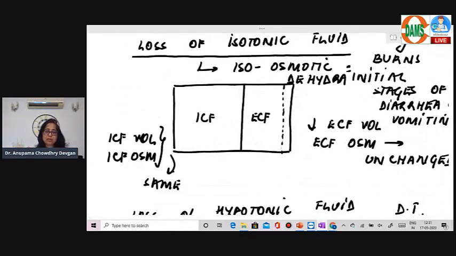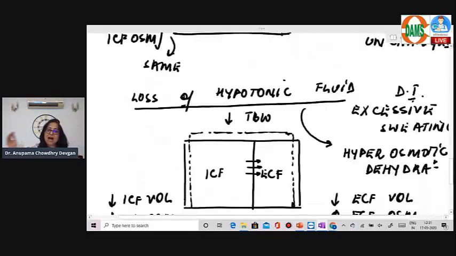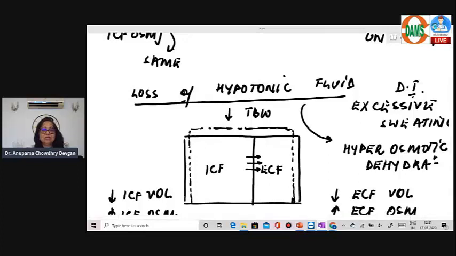Loss of isotonic fluids, there will be shrinkage, loss of total body water, decrease in total body water, but no change in osmolarity. So it's only an isoosmotic dehydration. Loss of hypotonic fluids, decrease in total body water, but increase in osmolarity. So hyperosmotic dehydration.